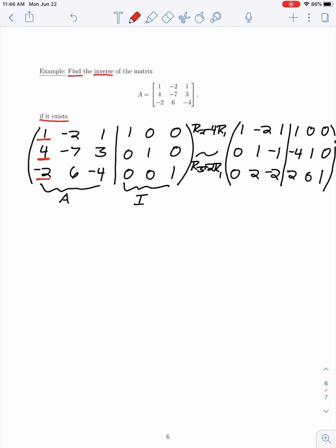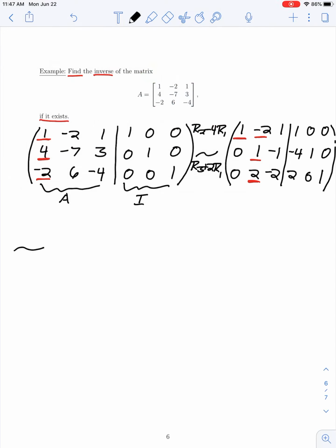All right. So now, on my left-hand side, I have a leading entry of 1 in the first row, zeros below it, a leading entry of 1 in my second row. Now I just need to eliminate the negative 2 and positive 2 that appear above and below it to make it look more like the identity matrix.